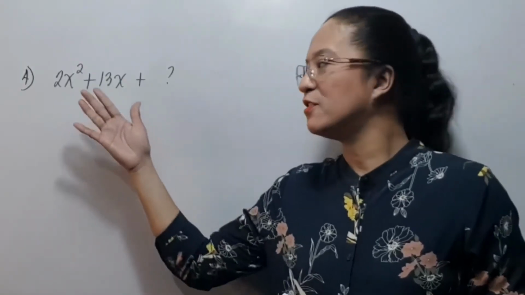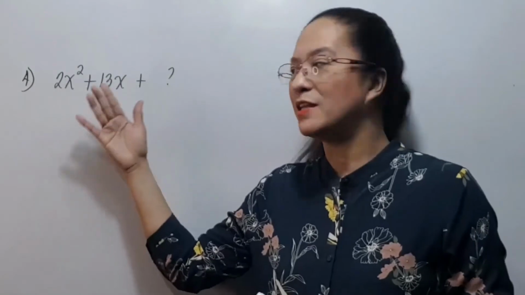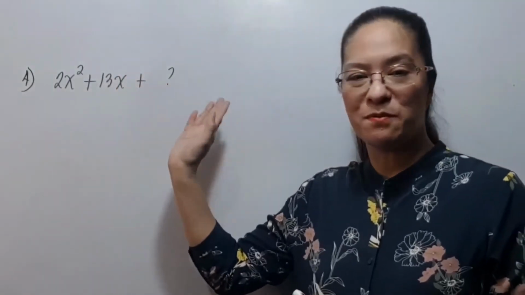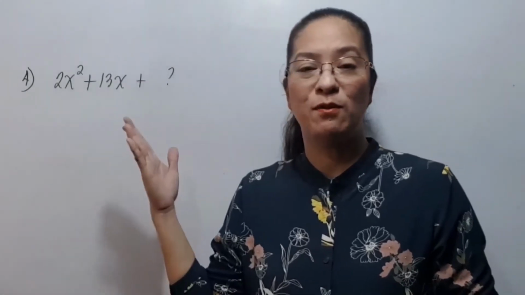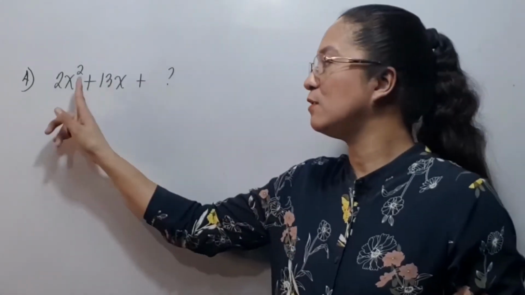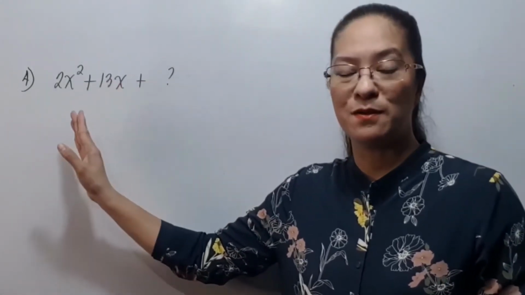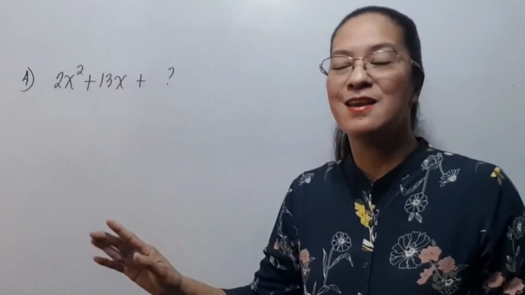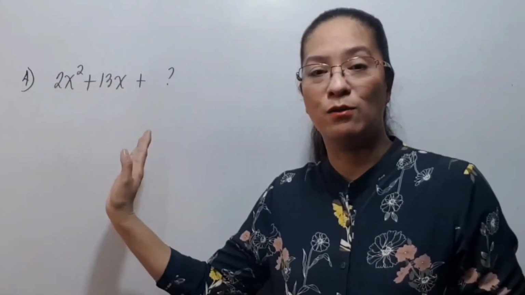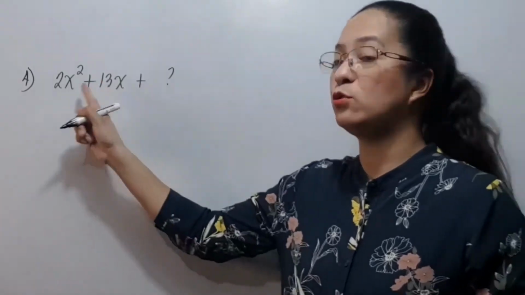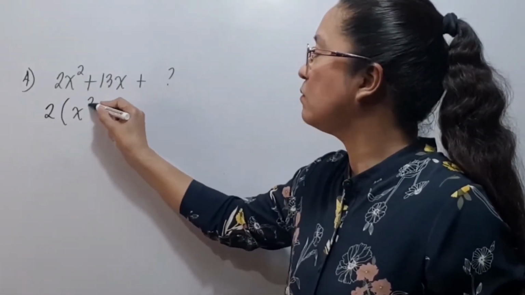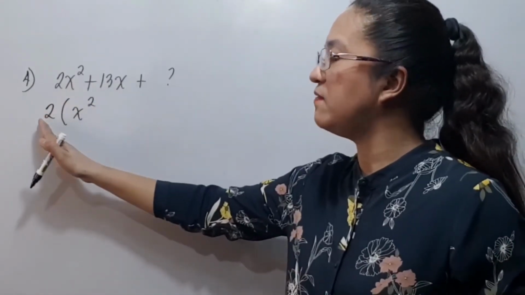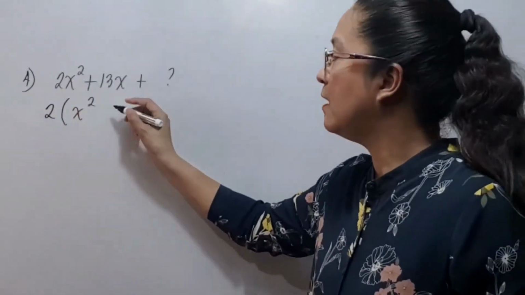Okay, so let's have the fourth example. So what must be added here to make it a perfect square trinomial? So, katulad ng ating example number 3, wherein the coefficient of the x squared term is greater than 1. So, we have to factor out 2. Okay? So, we have x squared, kasi nga 2x squared divided by 2 is x squared.